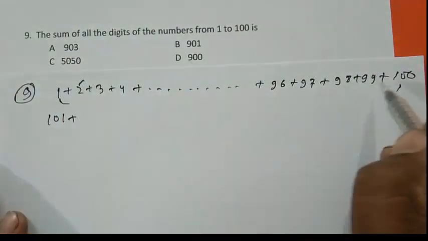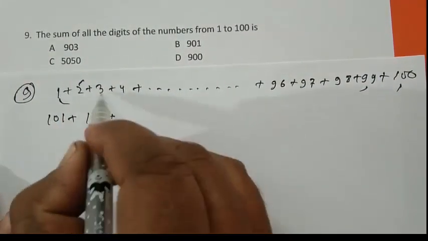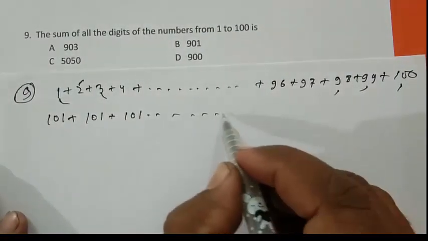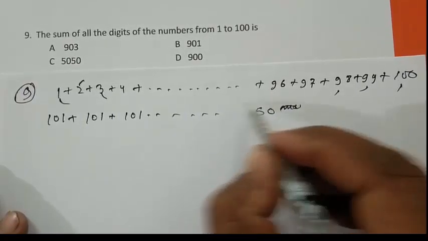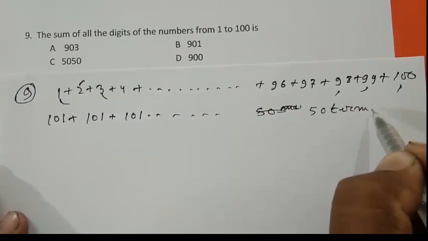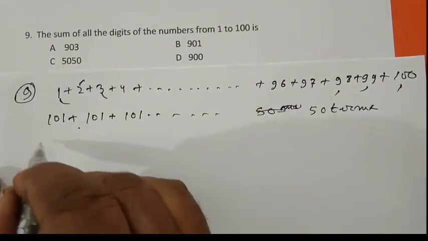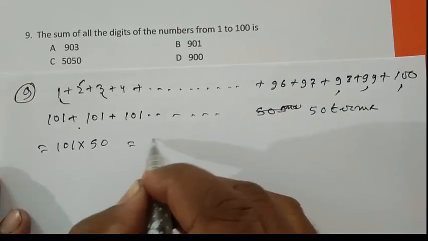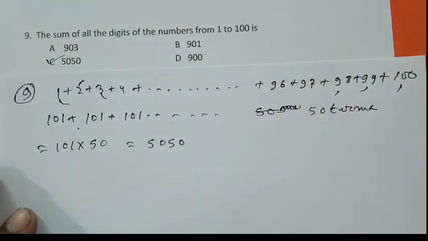If we add these two, we also get 101. This way we have 50 terms of 101. So the result is 101 into 50, that is 5050. So C is the correct answer.